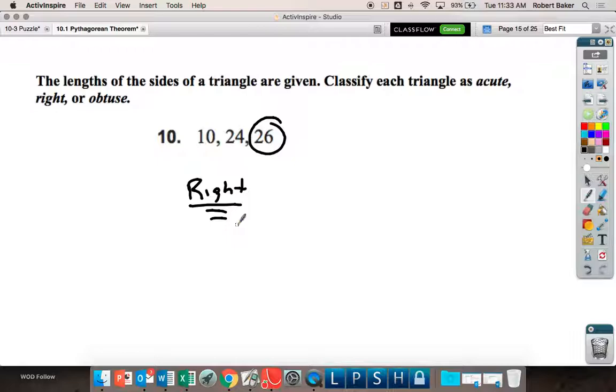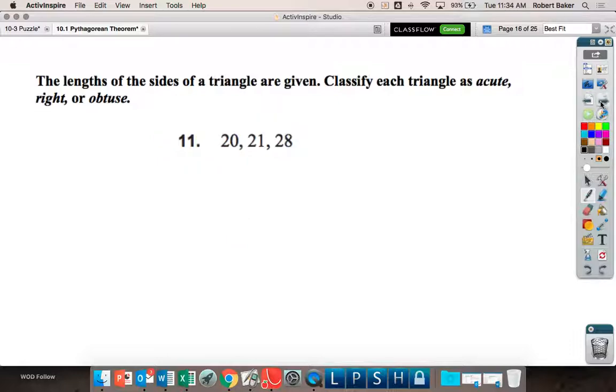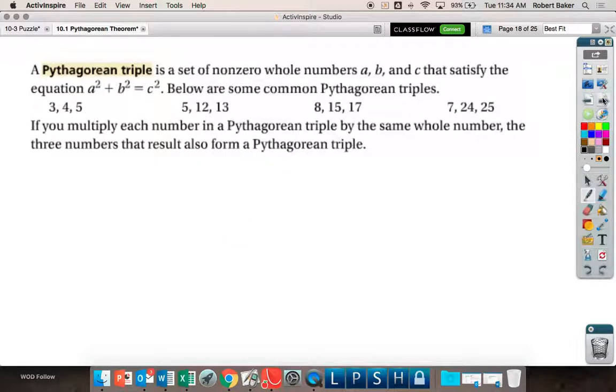What's 5 times 2? 10. What's 12 times 2? 24. What's 13 times 2? 26. Common Pythagorean triple. That's why we just left similarity. It's the scale factor of 2. Everything still applies.